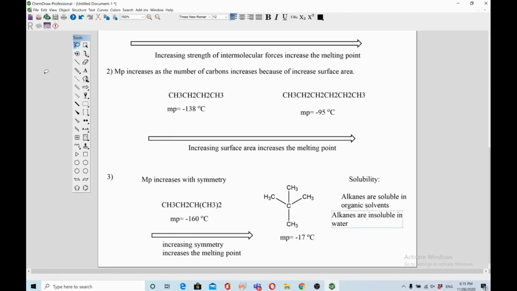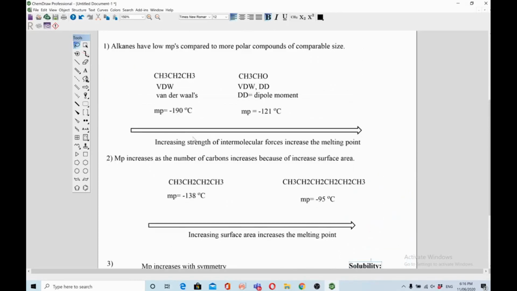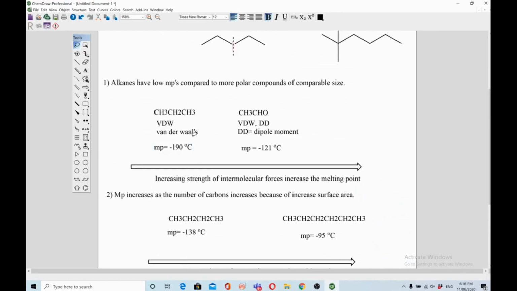So we apply the concept of like dissolves like in alkanes. Hexane is non-polar, so alkanes can easily be dissolved in hexane. So this is just a little part about solubility, it's not big, but you need to focus on the melting point and watch my previous video where I have discussed the physical properties of alkanes, particularly the boiling point.